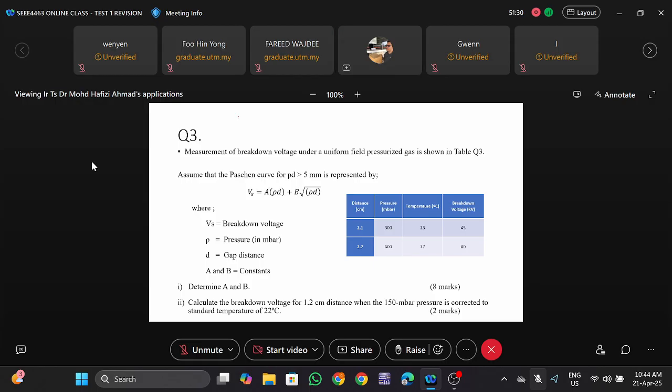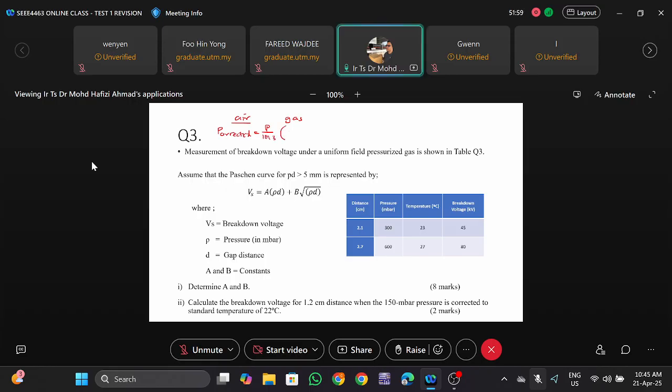The first is air, and the second is gas. For air, every pressure given, you must do pressure correction. We call it corrected pressure, and every pressure given you must divide by 1013.